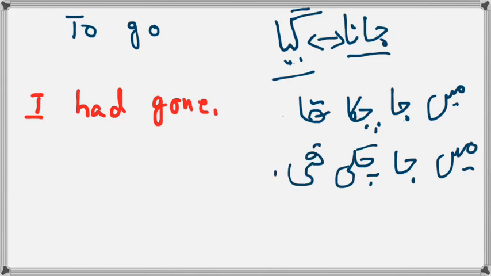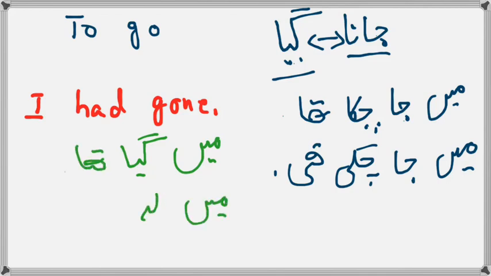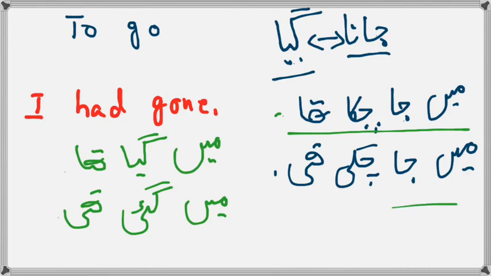But usually we say it like this: मैं गया था and मैं गई थी. But as a beginner for Urdu, you should use मैं जा चुका था and मैं जा चुकी थी, because sometimes मैं गया था and मैं गई थी are used for past simple tense.